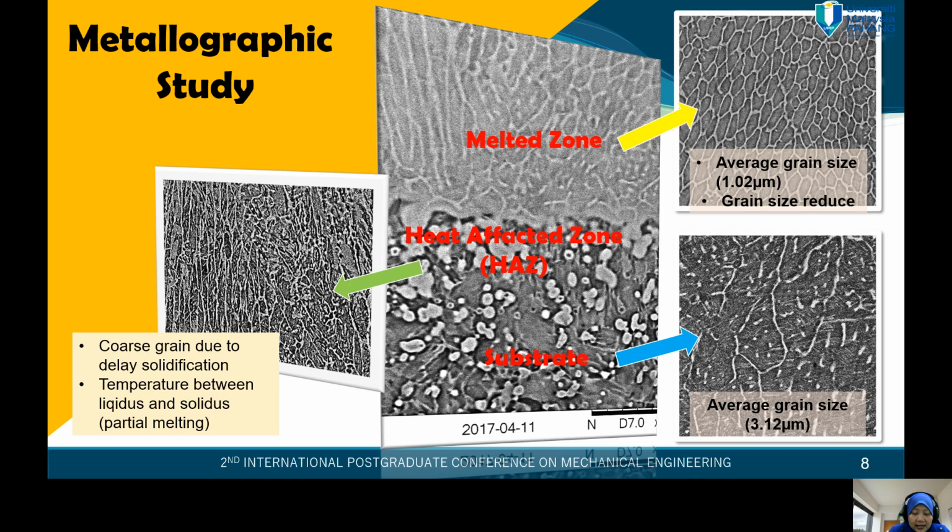And last is the as-received H13 steel or substrate with distribution of carbide with 3.12 micrometer average grain size. The grain structure at the melt zone is refined due to rapid heating and cooling during the melting process and contributes to increased hardness in the melt layer.